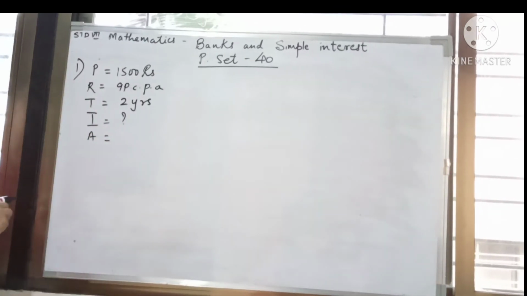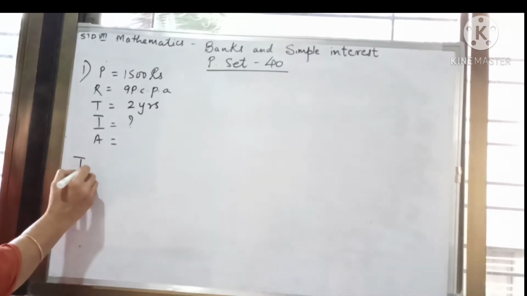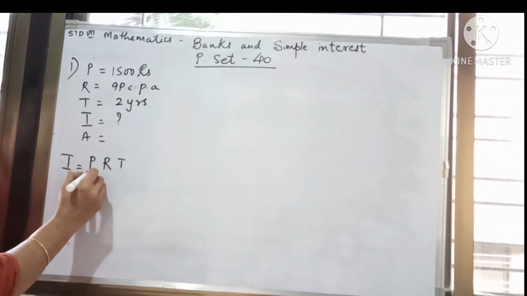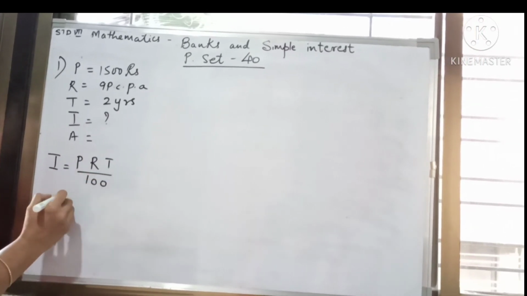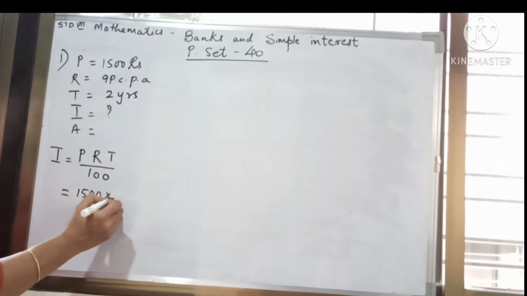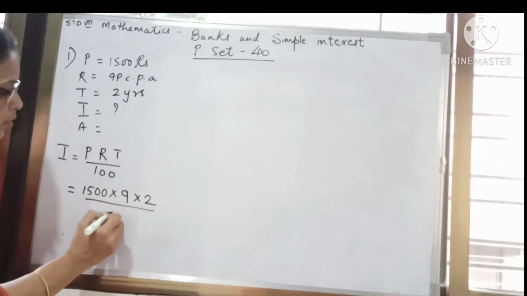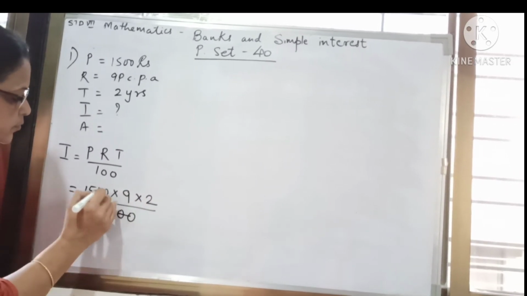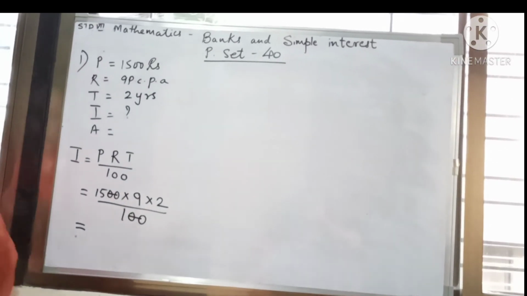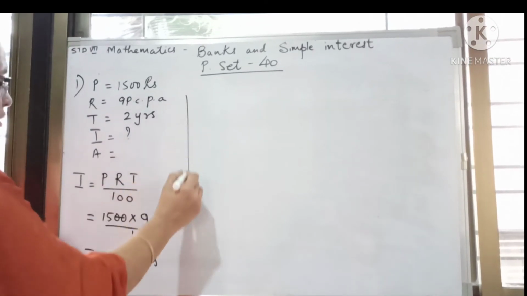So you know the formula for simple interest. So simple interest is equal to PRT upon 100. So principal is 1500 into rate of interest is 9, number of years 2 upon 100. So this answer comes to 270. So this is the interest.